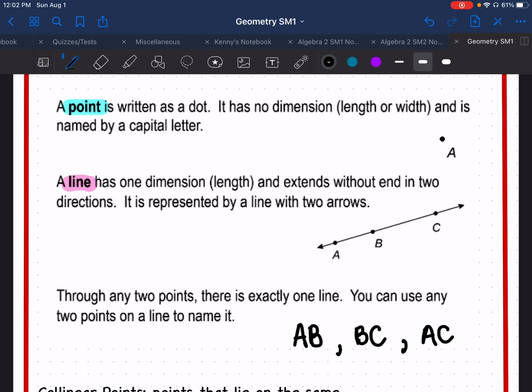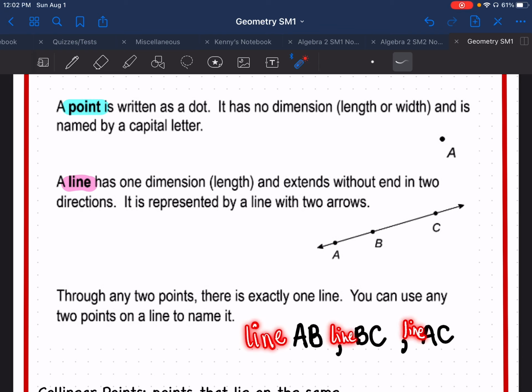Now, if I just were to name it like this, you don't know if I'm talking about 2 points, A and B. Am I talking about the line? Am I talking about something else? We're going to learn a couple more today. So you have 2 options. You can write the word line in front. So I could actually add that to each one of them.